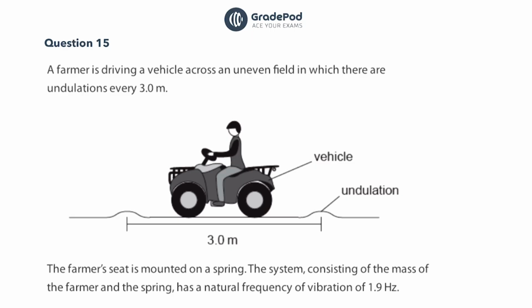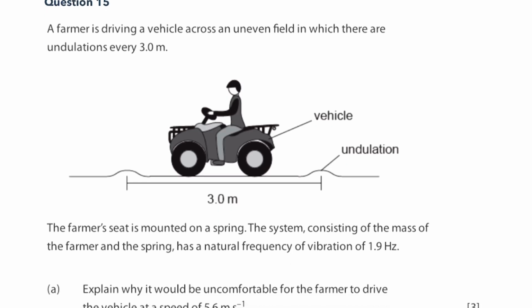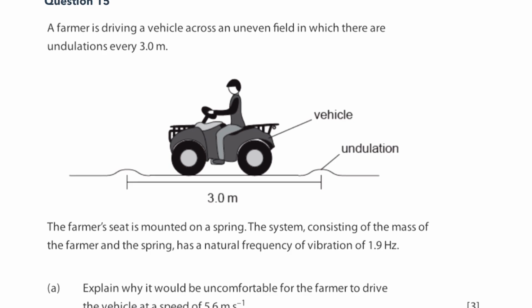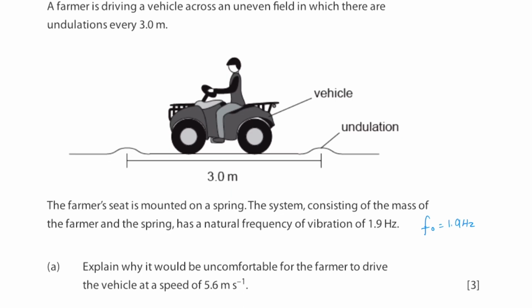Question 15. A farmer is driving a vehicle across an uneven field in which there are undulations every 3 metres. The farmer's seat is mounted on a spring. The system, consisting of the mass of the farmer and the spring, has a natural frequency of 1.9 Hz. Explain why it would be uncomfortable for the farmer to drive the vehicle at a speed of 5.6 metres per second.